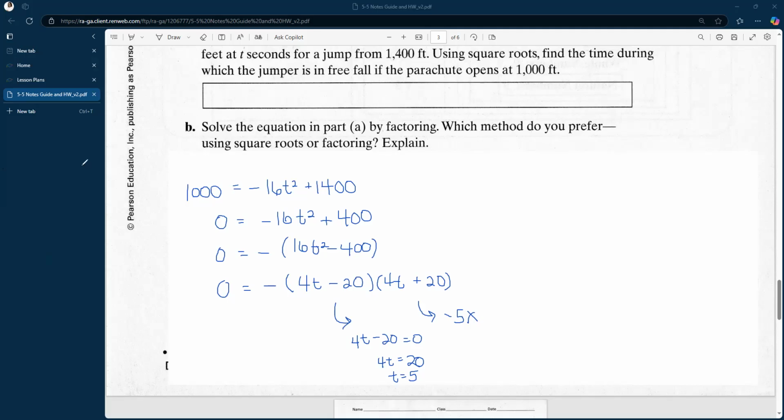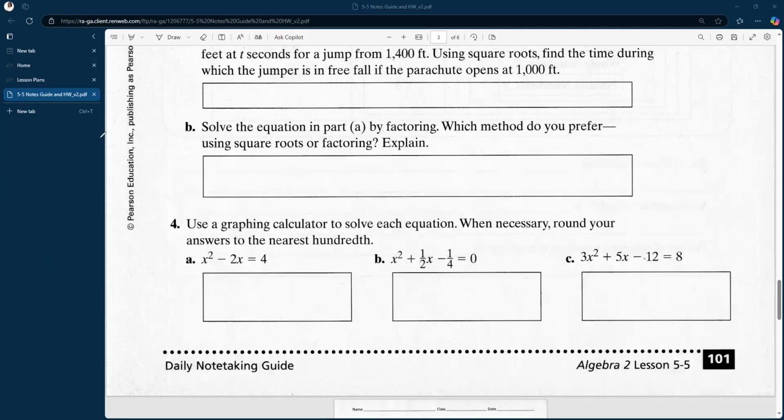When we move on to number 4, use your graphing calculator to solve each equation. These could be solved using completing the square, but it's probably easier to solve these by using your graphing calculator.